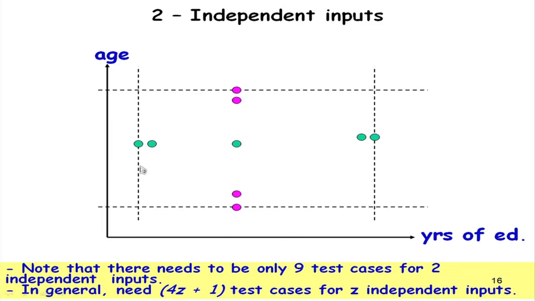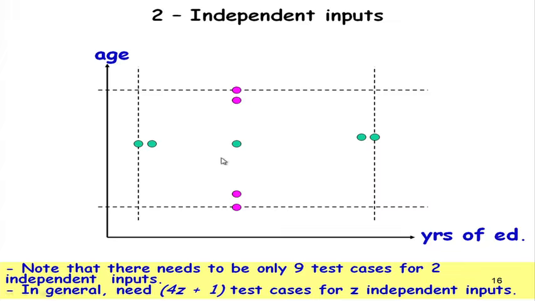So, if we just consider the values within the boundary, which are the positive test cases, we need 5 here and we need 5 here, or we can consider that for each boundary, if we have n parameters, then we need 4n plus 1 test cases, if we do not consider negative test cases.